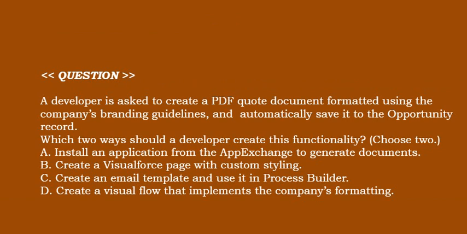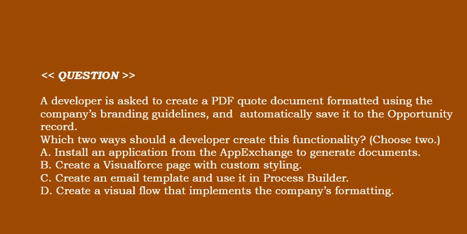Next question is, a developer is asked to create a PDF document formatted using the company's branding guidelines and automatically save it to the opportunity record. Which two ways should a developer create this functionality? Choose two options. Option A. Install an application from the AppExchange to generate documents.